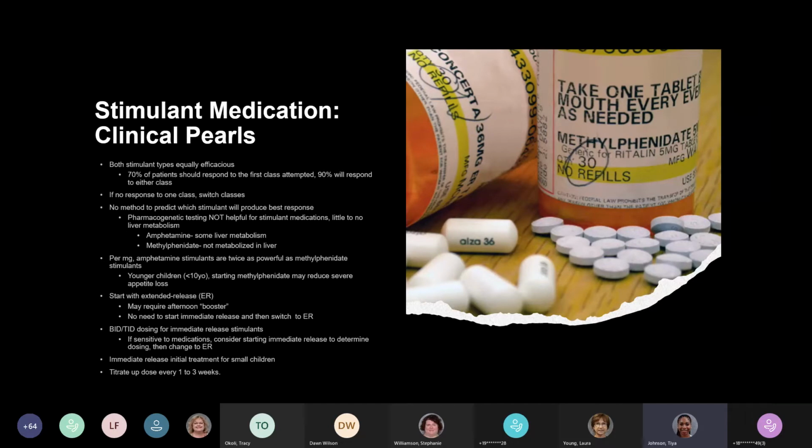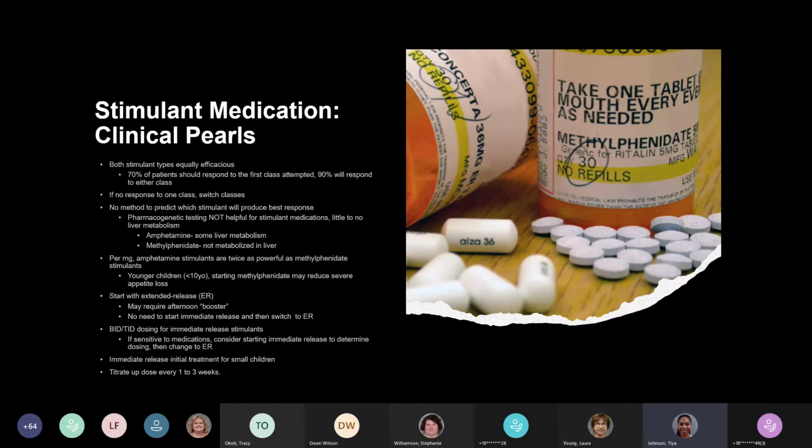Versus if we start with the immediate release, if they do develop that side effect, at least it will be shorter lived than if we're dealing with the extended release medication. So in those that are very sensitive to medications and side effects, I will stay away from starting off with the extended release.